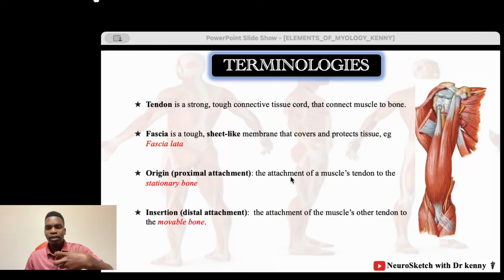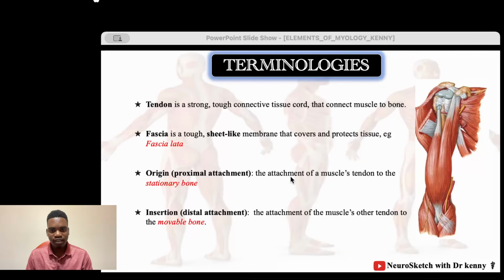So a muscle comes from a stationary or relatively stationary bone, and it attaches to the more movable bone so as to move that bone, because the purpose of most skeletal muscles is to move different body parts. The body part that will be moved is the one attached to the bone into which the muscle is inserting.